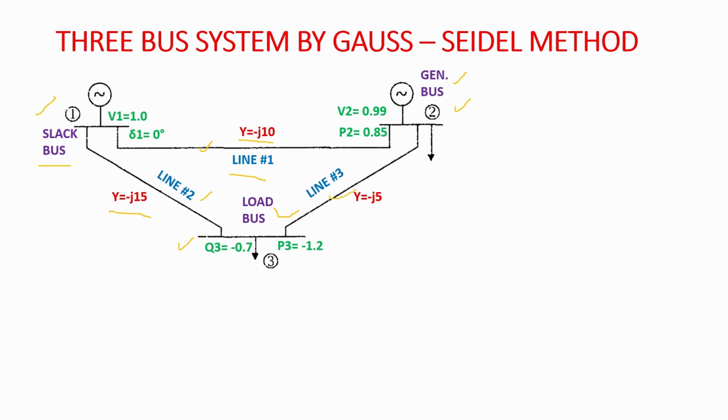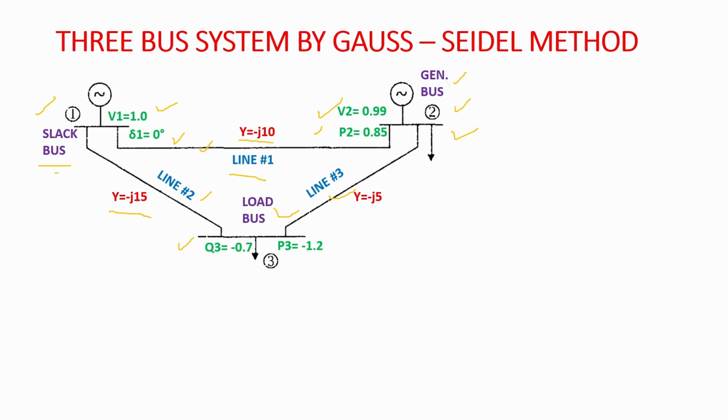The other given values are, for slack bus, the voltage V1 is equal to 1.0 per unit, and the angle delta is equal to 0 degrees. For generator bus, the real power P2 is equal to 0.85, and the voltage V2 is equal to 0.99.